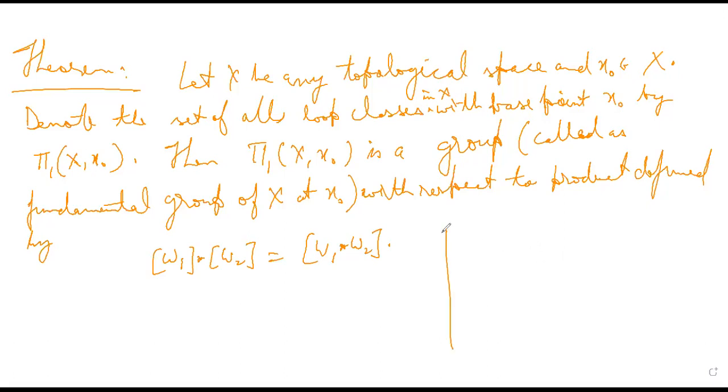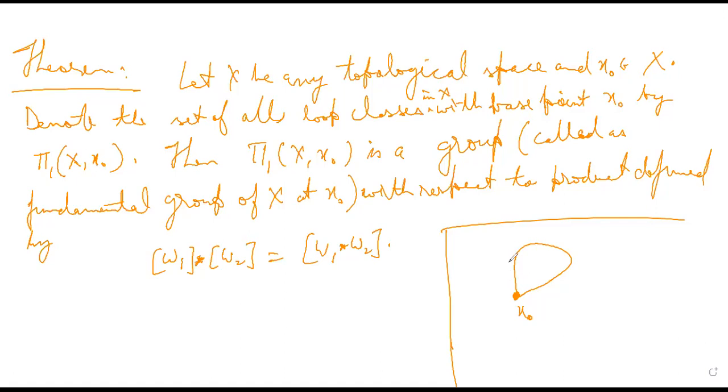So you see loops, we have seen what loops are. They are paths whose origin and end points are the same. So if we take a fixed point x naught and consider all the loop classes whose base point is x naught, then that set is a group with respect to this product of paths.